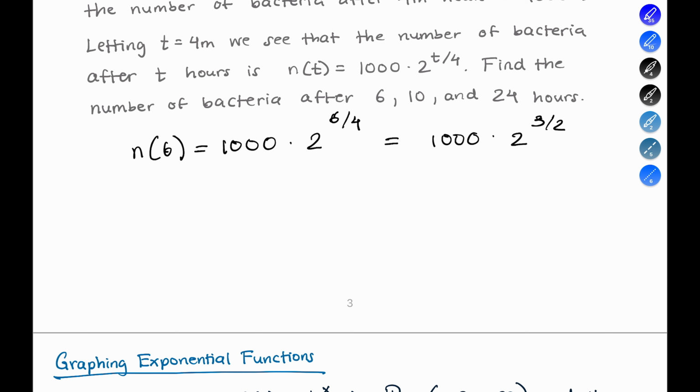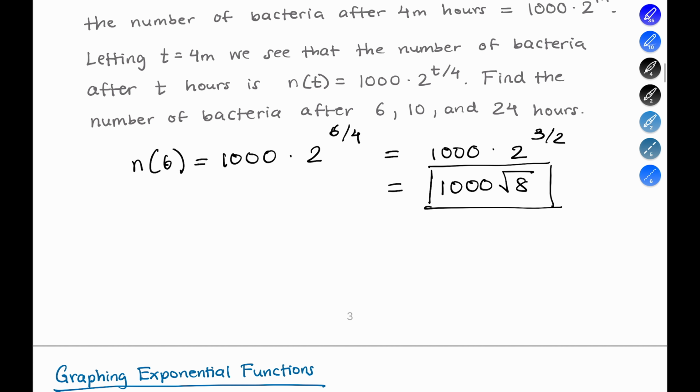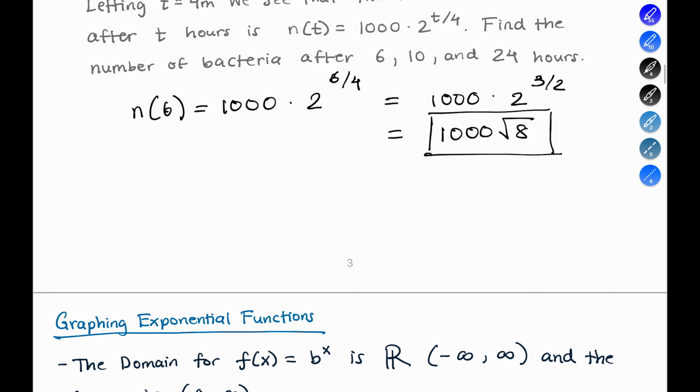So if we take 2 to the power of 3 and take the square root, it will become 1,000 root 8. So that's the number of bacteria after 6 hours.